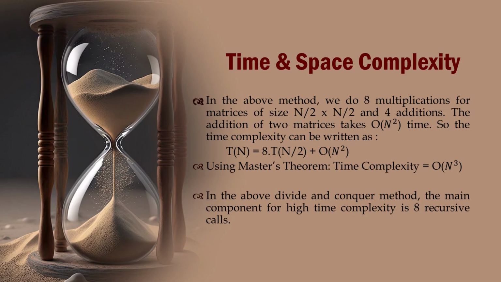If we put the T(n/2) value here, we get 8 into 8 T(n/4) plus order of n square. So, the 8 multiplications play a big role in the time complexity order of n cube. So, how to reduce that time complexity? This is the challenge for matrix multiplication.